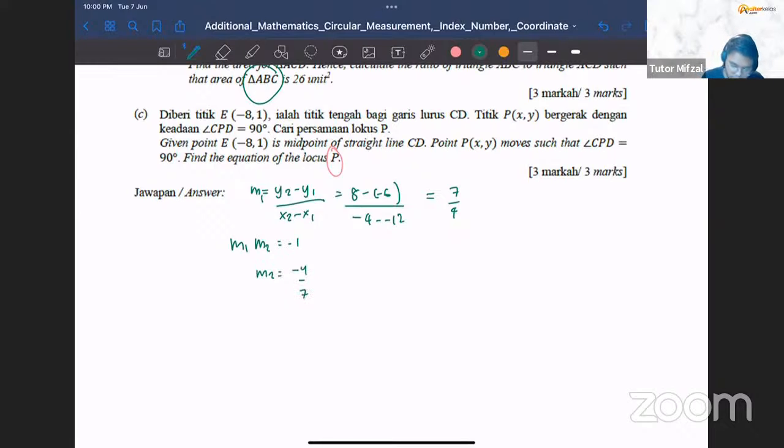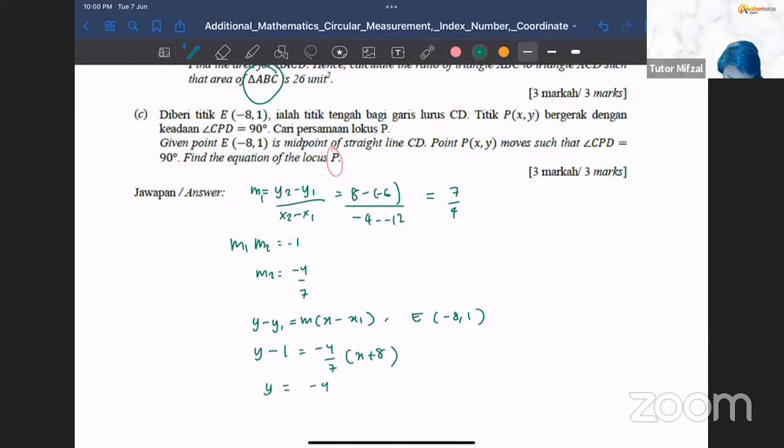So daripada situ, we can find Y minus Y1 equivalent to M(X minus X1). So we can use the coordinate of E, negative 8, 1, for our reference coordinate. So Y minus with 1 equivalent to negative 4 over 7, X minus 8.